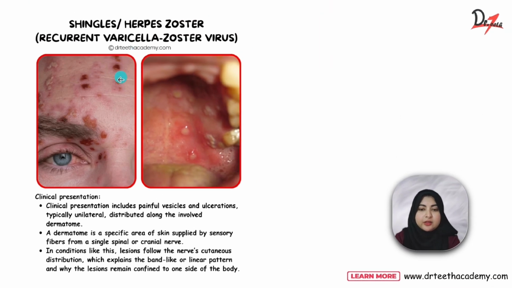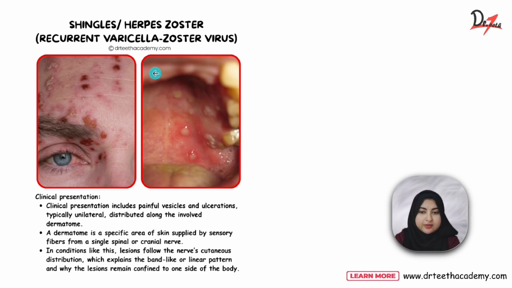The third option was varicella zoster virus. Now, varicella zoster virus is another herpes virus that results in pain and vesicular ulcerative lesions on the skin, which is innervated by a specific spinal nerve, that is a dermatome in the body. So you'll find it along a specific area of the face.